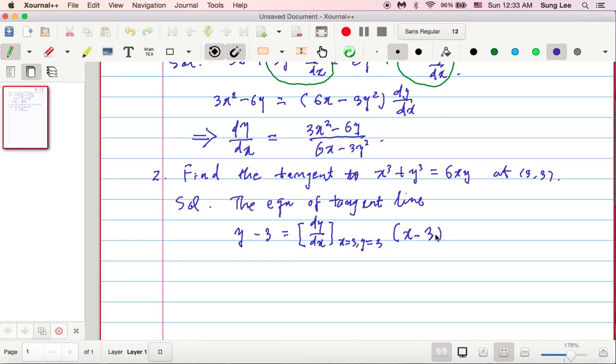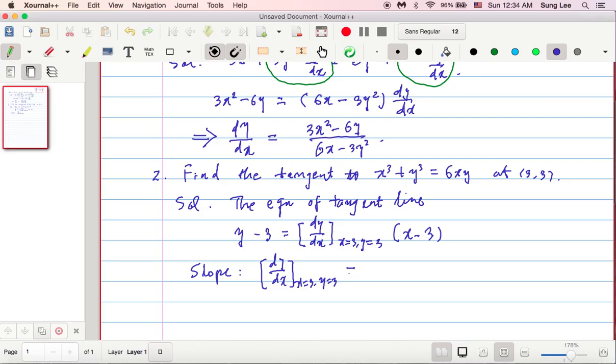So that's the equation. All you have to do is calculate the slope, right? So here the slope is dy by dx evaluated at x equals 3, y equals 3.